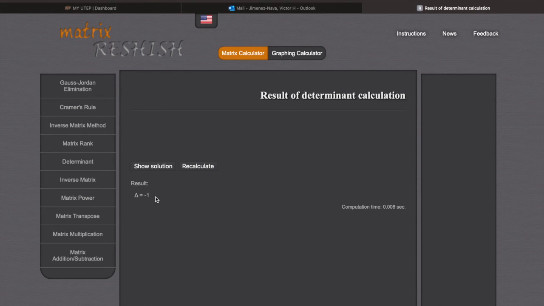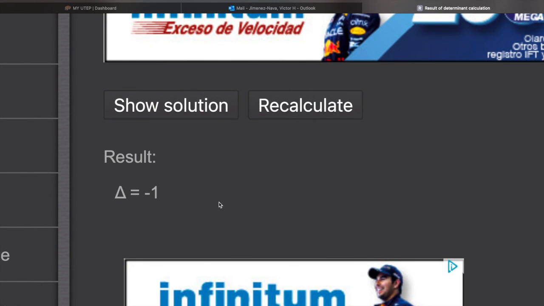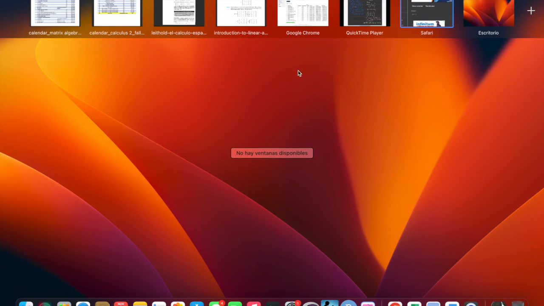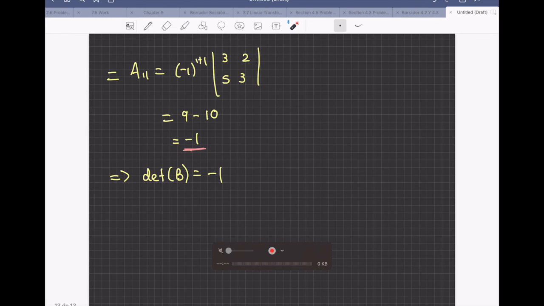Calculate. What is the answer? Negative 1. So the same answer we got here. Negative 1. You see?